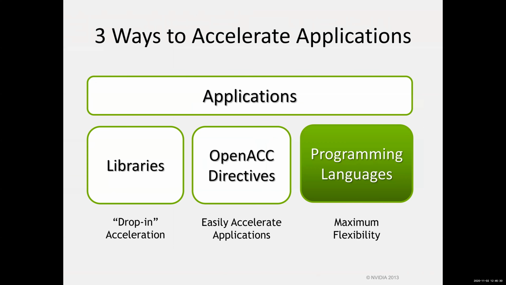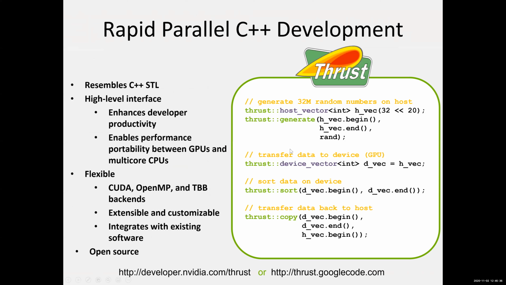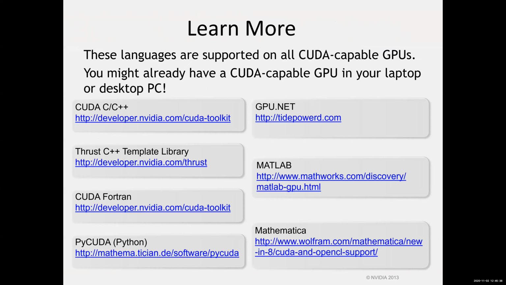The third one is by using programming languages. You can use CUDA C, which we'll do a bit later on. So this is how you can do parallel computing using the CUDA platform. Now, I'm not saying that I'm aligning myself, or these notes are aligned, to NVIDIA.